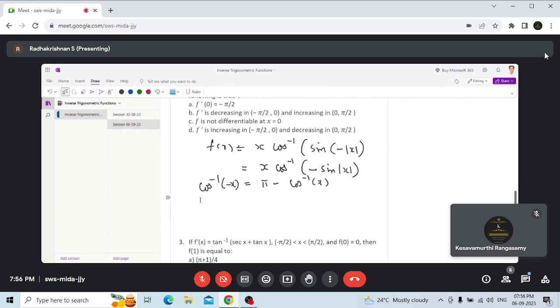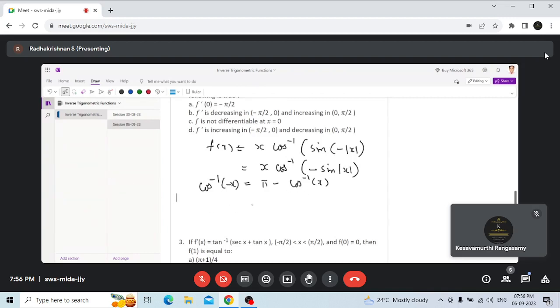You can just think a little bit logically. Some of the reflection identities are simple, like sine inverse of minus x will be minus sine inverse of x itself. For sine, cosecant, and tan it is one way, and for cos, secant, and cot, you have to put it like this.